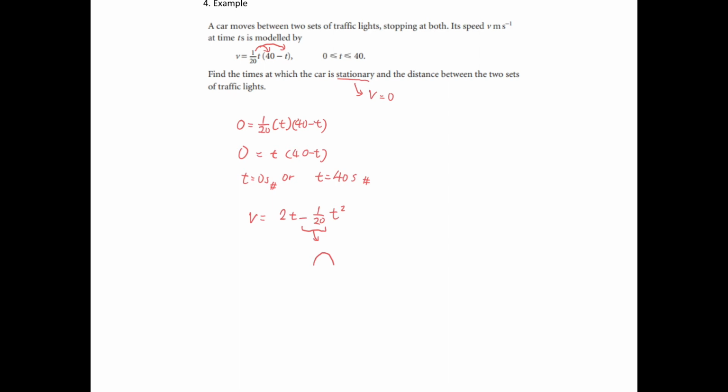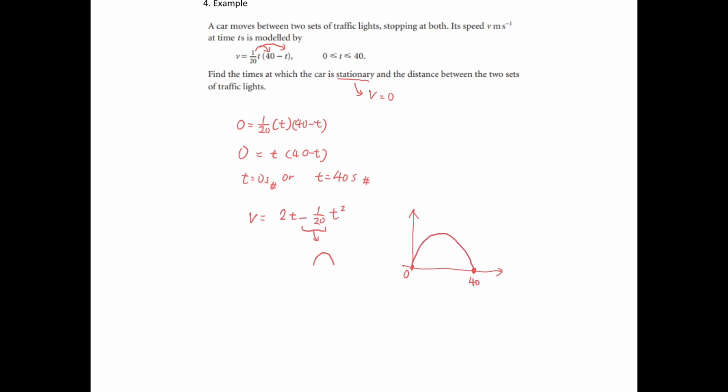So let's see the graph here. We know that we will have 0 and 40, as you can see from the previous working. When t equal to 0 and when t equal to 40, the velocity is 0. So the graph passes through these two points, and it is a sad face graph.